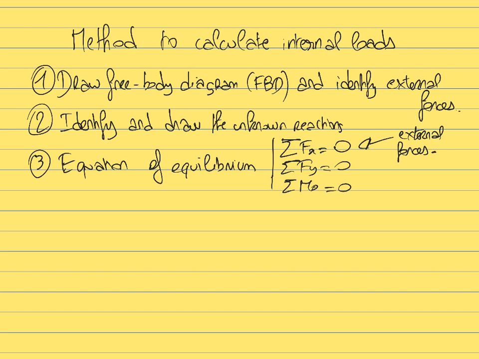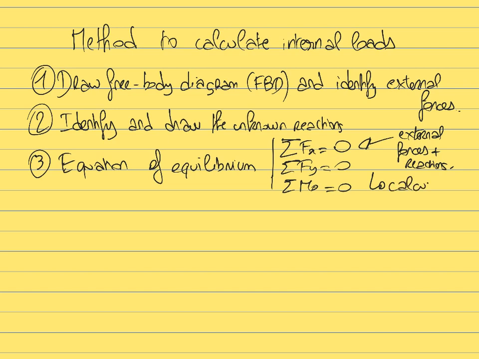So the external forces, the ones that you know plus the reaction, those are the only forces that should appear in the equation of equilibrium, not the internal forces that we want to calculate. So if you say that the sum of the forces and of the reaction must be summing up to 0, it means that since you know the external forces, those known forces are going to allow you as an outcome to calculate the unknown.